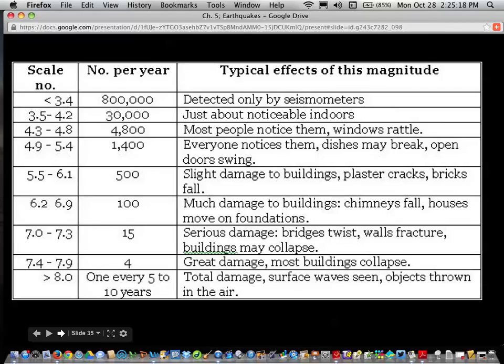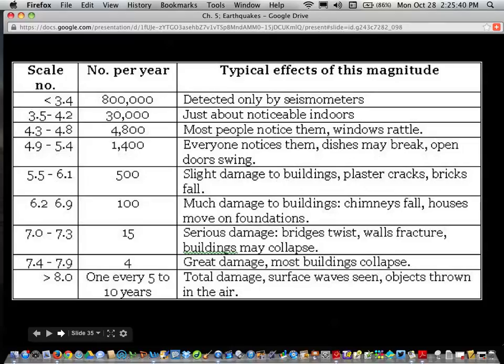Well, here is the scale in magnitude and how many happen per year. So this is the Richter scale. How many? Well, less than 3 to 3.4: 800,000 earthquakes a year are less than 3.4 magnitude.